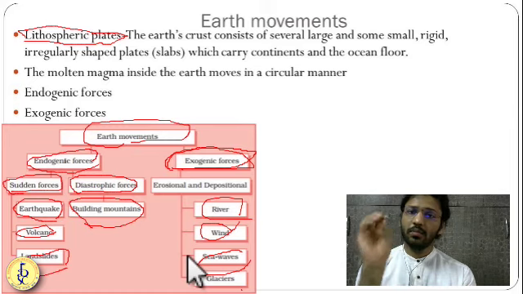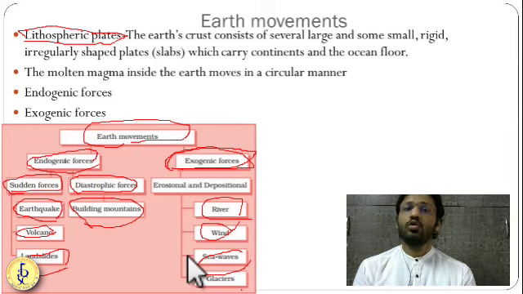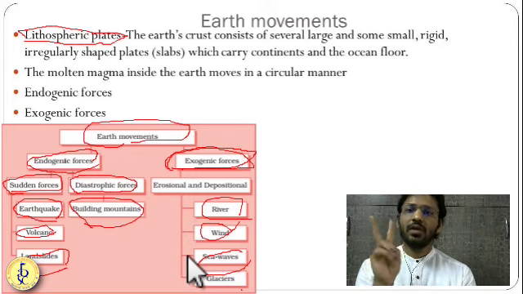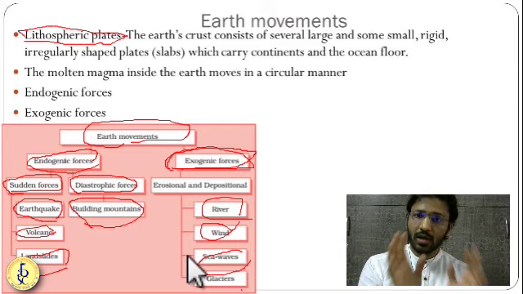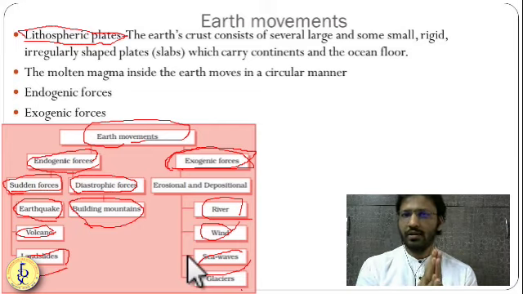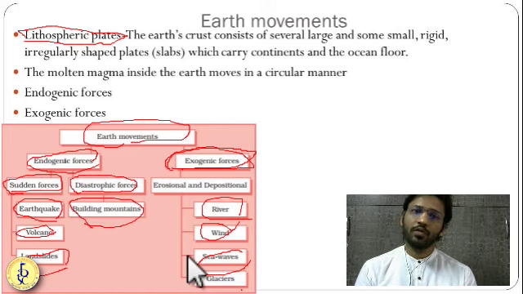This is known as a depositional feature. So exogenetic forces create two types of landforms: erosional landforms and depositional landforms. Getting it? We are going to see a few of these erosional and depositional landforms further. I hope you understand this is a very important chapter from the prelims point of view and the mains point of view as well.